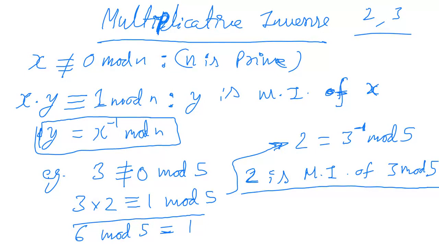And vice versa is also true. We can also say that 3 is a multiplicative inverse of 2 mod 5, or 2 is a multiplicative inverse of 3 mod 5.